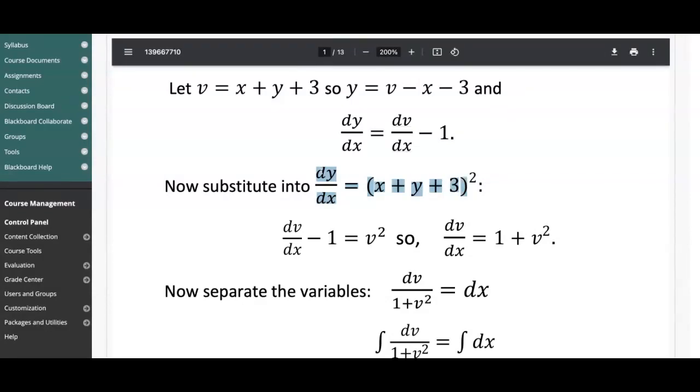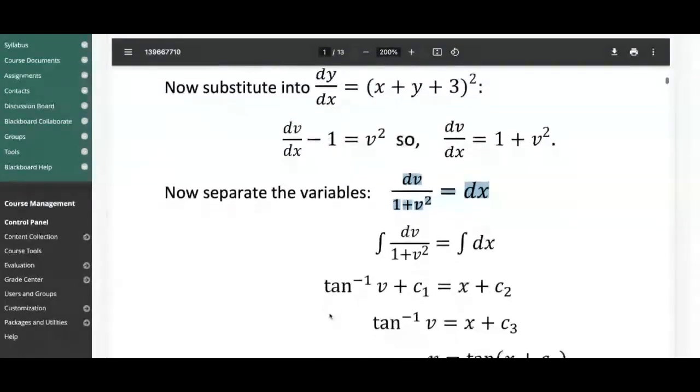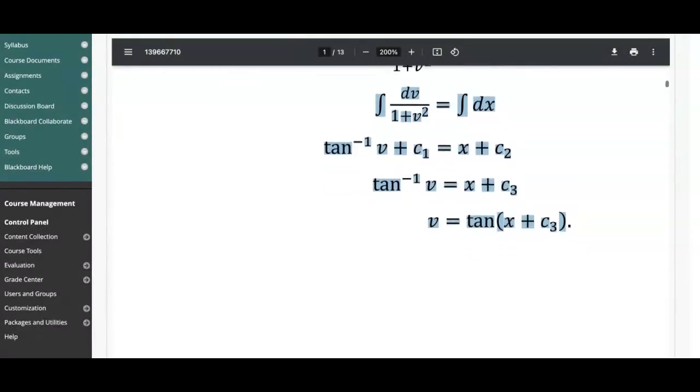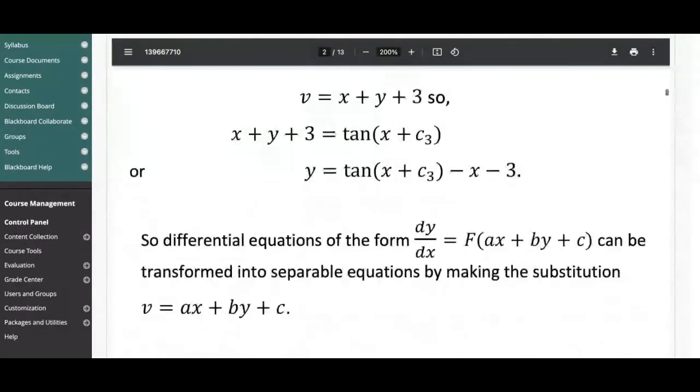We cannot put this equation as a separable equation. But somehow, when we use v to substitute, and then we get this, then we can put it as a separable equation. Then the rest just uses the technique of solving separable differential equations.